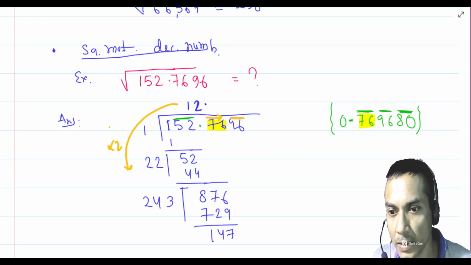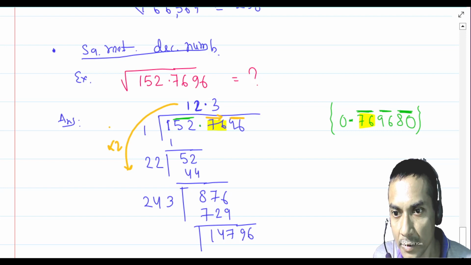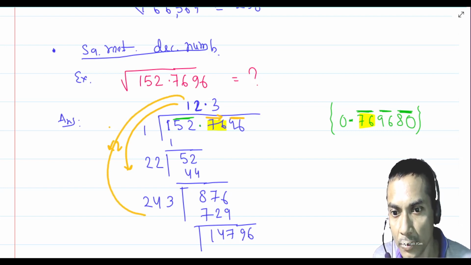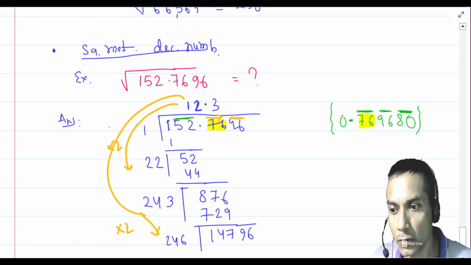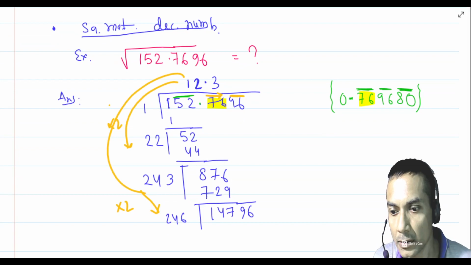So 147. Next you drop the 96. Okay, and put the value here. Then again you multiply the same value into 2. So it will be 624. Clear? 624.